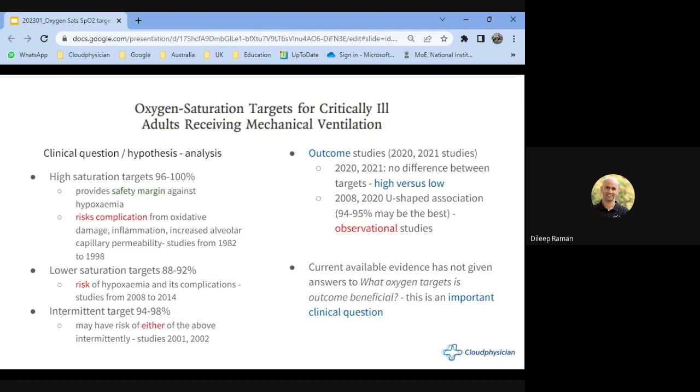There are 2 ways to do this. One is you can anchor it based on something that you already know. And the second one is you can do it by a distribution. That is, if you look at the bell curve and you say that most studies had a difference of 1.8 ventilator-free days, therefore we'll take 2 standard deviations outside it and look at it as important. Or you can use older studies.